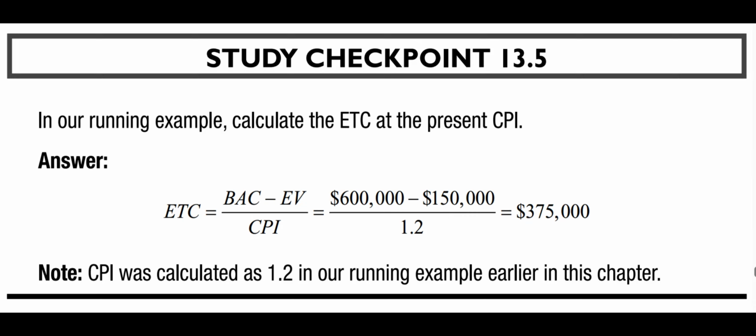In our running example, calculate the ETC at the present CPI. Answer. ETC = (BAC - EV) / CPI = ($600,000 - $150,000) / 1.2 = $375,000. Note, CPI was calculated as 1.2 in our running example earlier in this chapter.